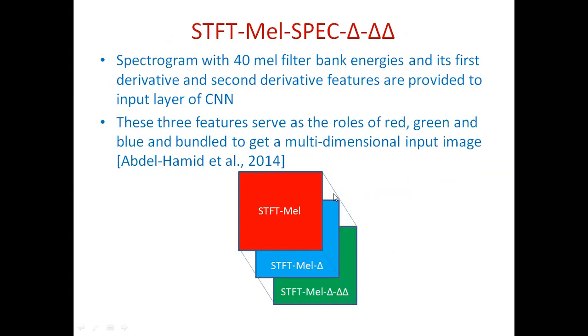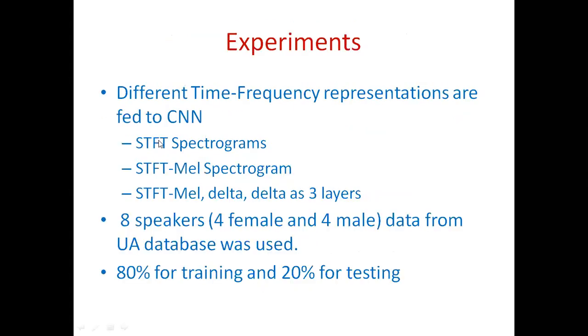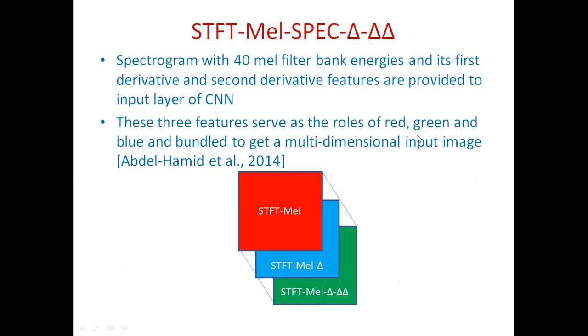Now after that, what we did, first we tried with the STFT spectrogram. We gave the STFT spectrogram as the input to the CNN. Next, we gave the STFT MEL spectrogram as input to the CNN. After that, we tried giving STFT MEL, STFT MEL delta, and STFT MEL delta delta as a 3-layered structure.